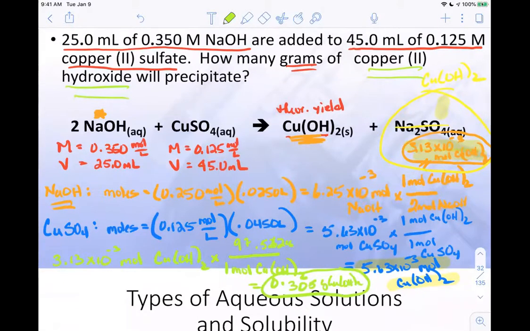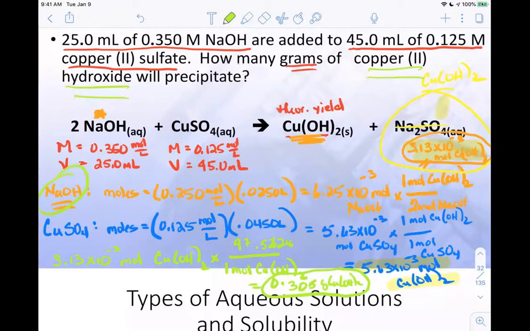So again, I use the molarity and the volume of the sodium hydroxide to find the moles of sodium hydroxide. Then I'm going to use the mole ratio to find the amount of the copper product that I want to make. I have to do the same thing again with the other reagent, because this is a limiting reagent. I have to figure out which one is limiting. I figured out that sodium hydroxide was limiting based on these calculations.